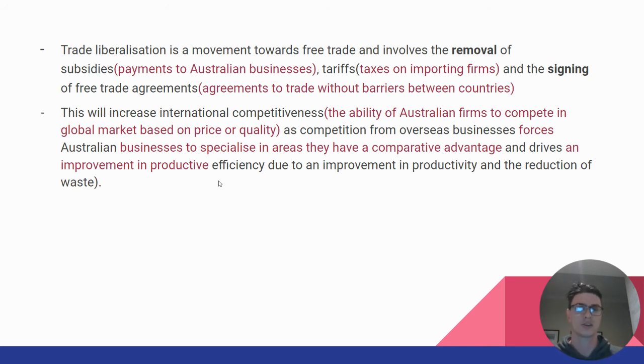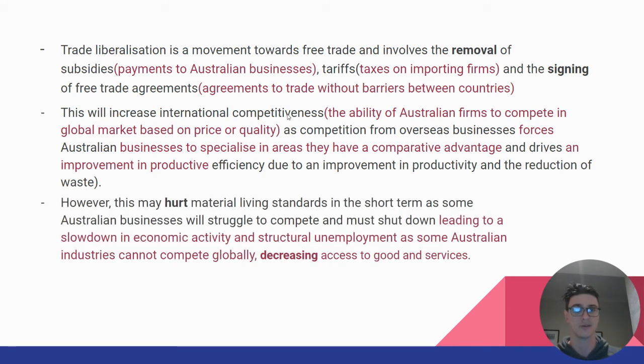Okay, so I've really got a stronger answer already. I've stepped out what trade lib means and what each of the types of parts of trade liberalisation actually are referring to, subsidies and tariffs, and I made a much stronger argument about how it actually works. So now I need to bring it together with the material living standards. So in the short term, and we already said that some businesses will struggle to compete and they're going to shut down.